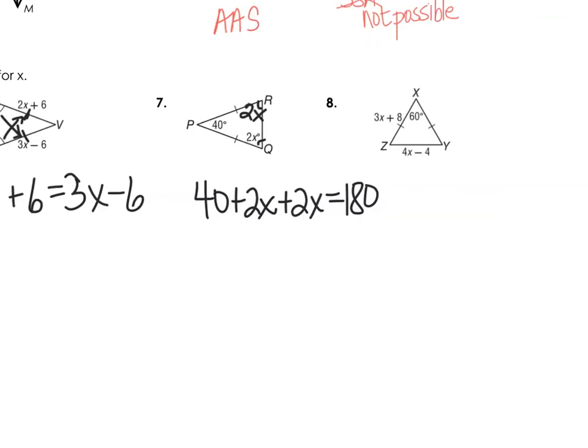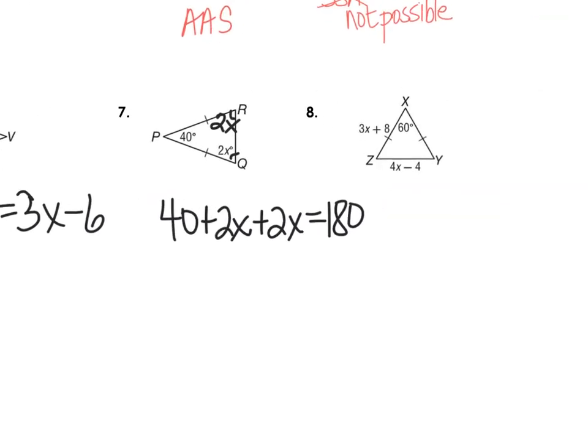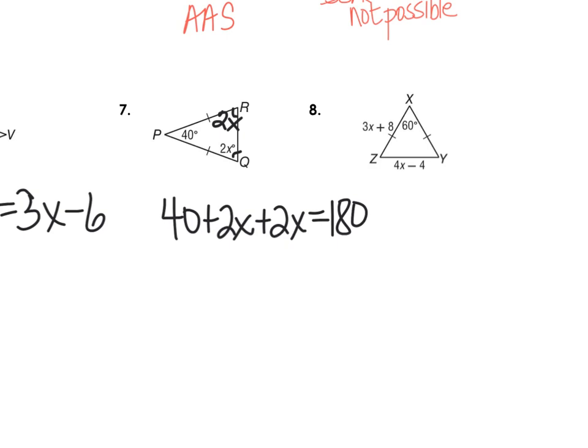All right, looking at the last one here, I have two sides marked equal and an angle 60, but I need to solve for x, and I don't have a relationship between the 3x plus 8 and the 4x minus 4. So I know I can figure out angles, so I'm going to figure out what these other two angles are. I know they're equal.